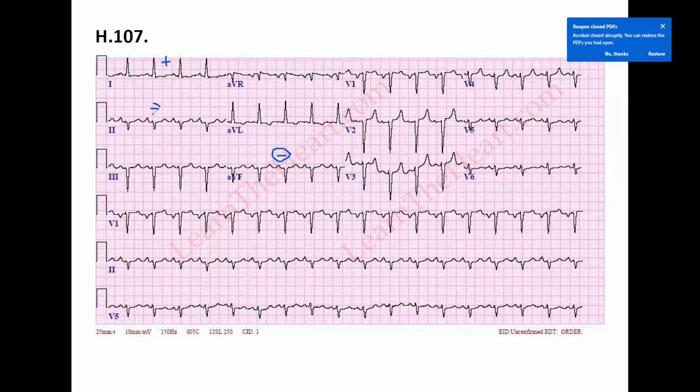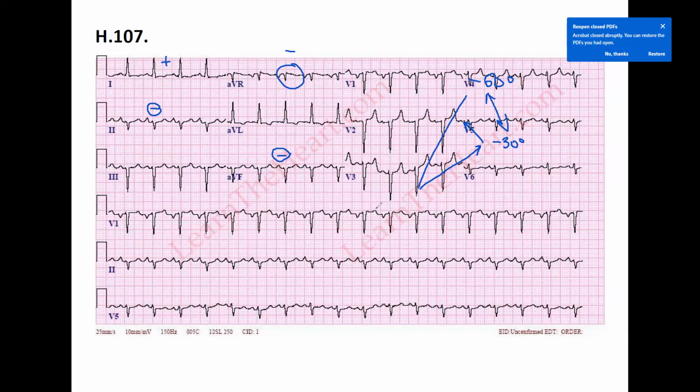Lead number two is negative as well. So for sure it's not normal, because it means that it is less than minus 30. So it has to be a left axis deviation. aVR is negative, so it means that the axis is between minus 60 and minus 30. So we do have a left axis deviation.